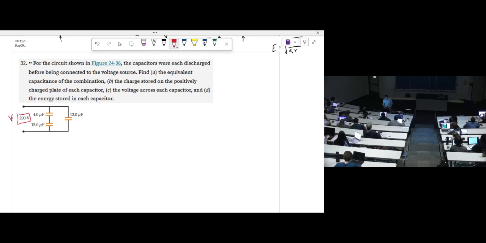So we want to find the equivalent capacitance of the combination. And in general, whether we're doing this with inductors, resistors, or capacitors, the latter one only that we've talked about so far, we want to see where we end up breaking down a circuit or a schematic based off of where we know the voltage drops to be.